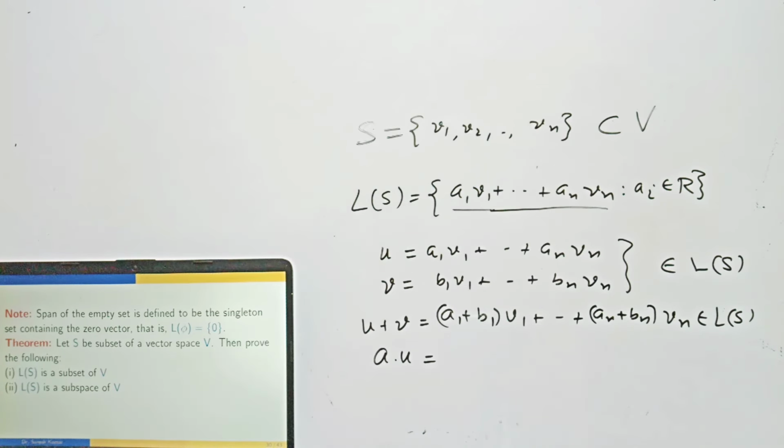subspace of V. L(S) is the minimal subspace of V containing S. How to show this? If W is any subspace containing S, then L(S) is a subset of W. That means L(S) is the minimal subspace containing S. W is any subspace containing S. L(S) already carries S. Do you think so?